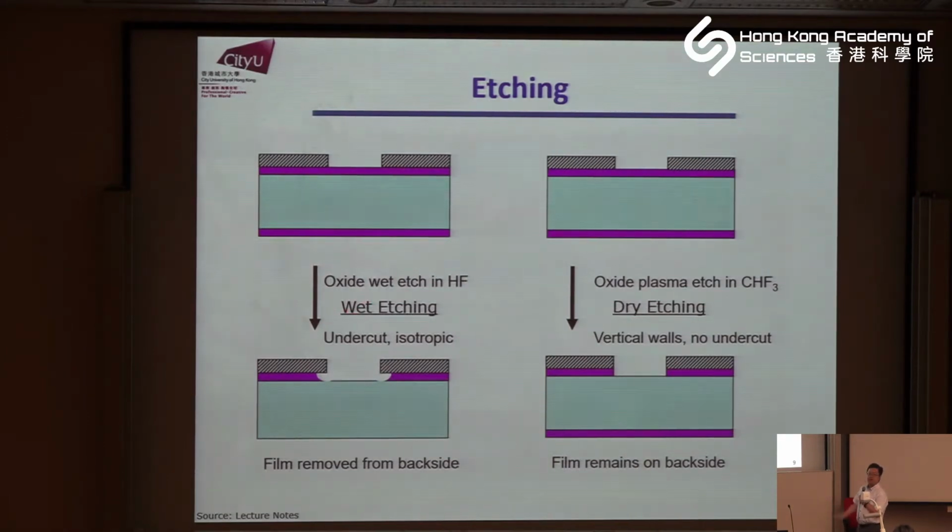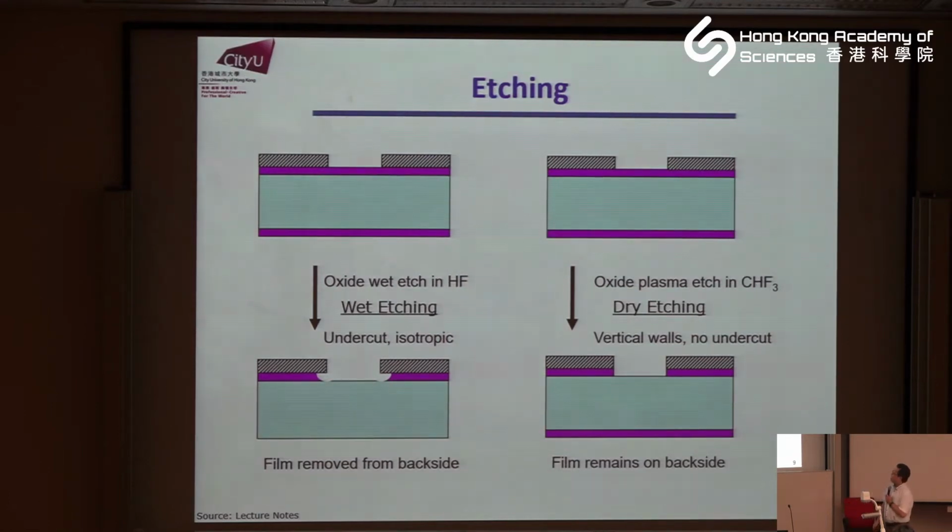We can use different chemical methods to wash away the material. However, as you can see, wet etching unavoidably has undercuts. That means it etches in different directions at the same time, because when you wash away the material going down, it also goes left and right. So that's why you actually increase the feature size. Okay, so this is wet etching.